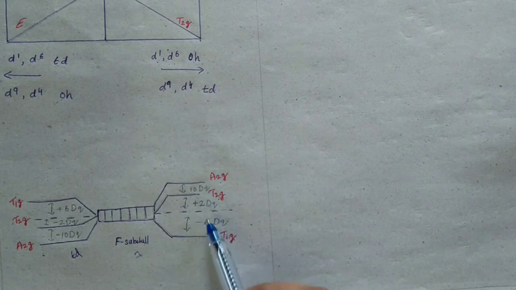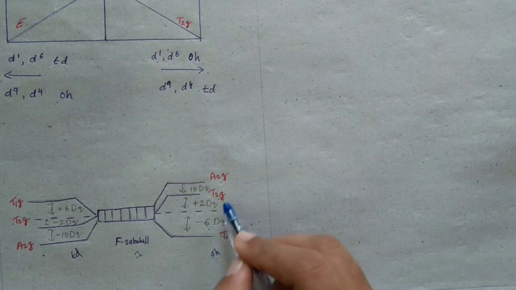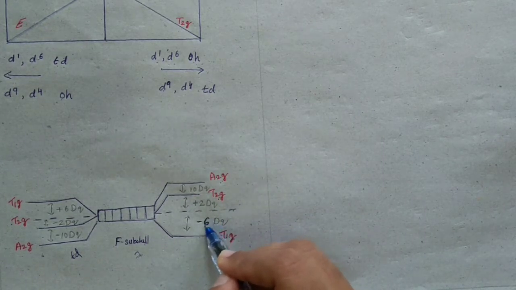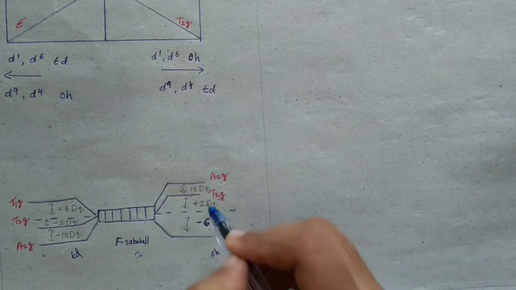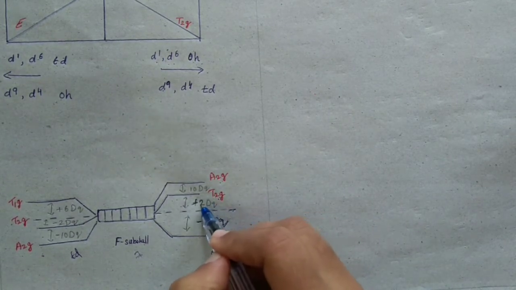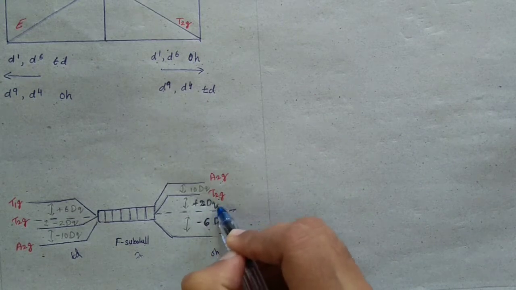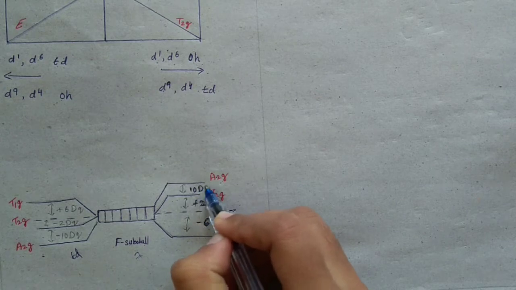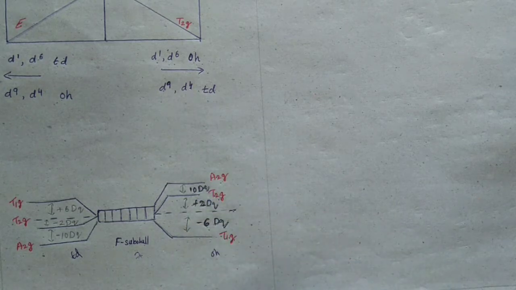Some differences in energy level are shown here. T1g to barycenter is -6 Dq, barycenter to T2g is +2 Dq, and from T2g to A2g is 10 Dq. So this is also important to note down.